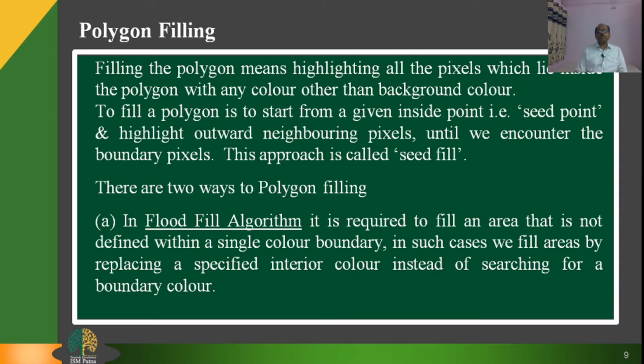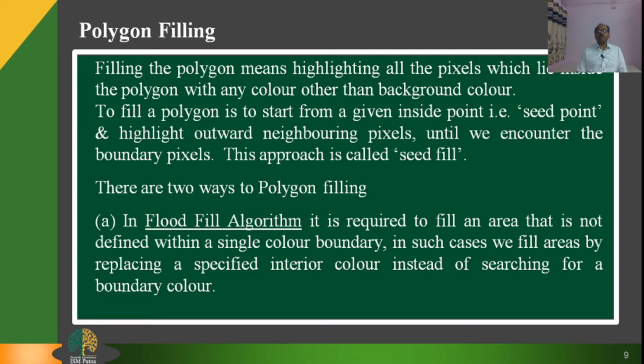We have two ways to fill a polygon. The number one is termed the flood fill algorithm. In the flood fill algorithm, it is required to fill an area that is not defined within a single color boundary.